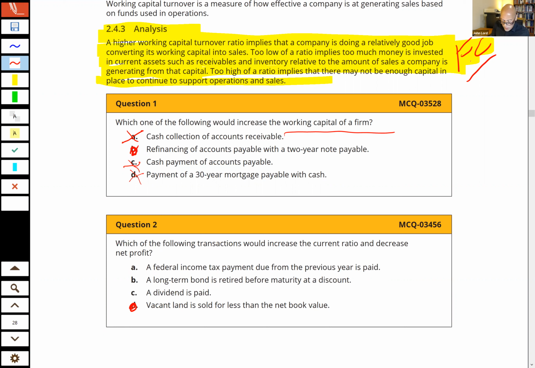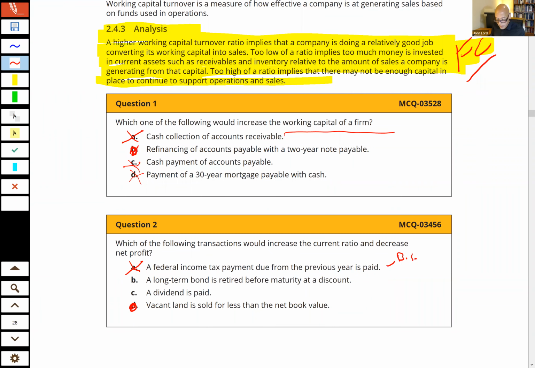And so I look at choice A, a federal income tax payment due from a previous year is paid. Well, that's not going to affect the income statement at all. That's a purely balance sheet transaction as I debit my taxes payable and credit my cash, right?